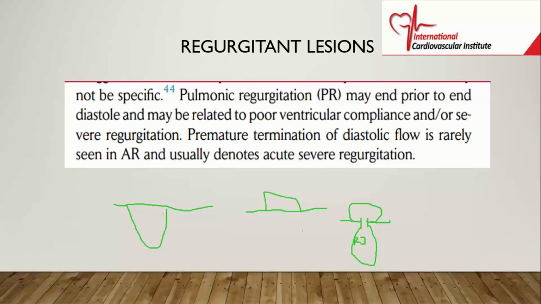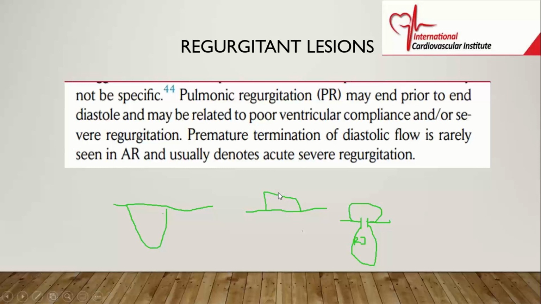And you can look at your spectral envelope, and if you have premature termination of the diastolic flow, you get that in severe acute regurgitation. So if you have, say, AI or PI, it's supposed to occur throughout diastole.